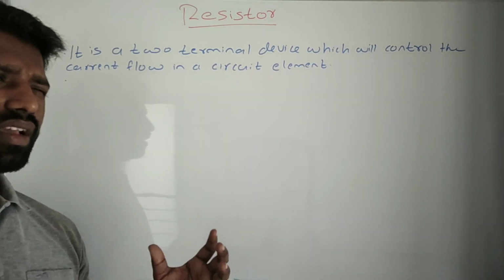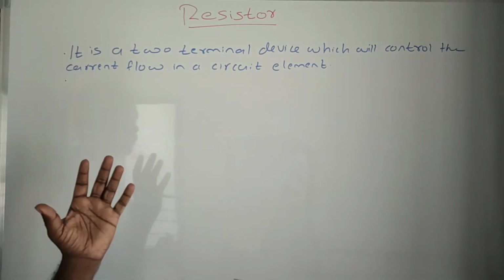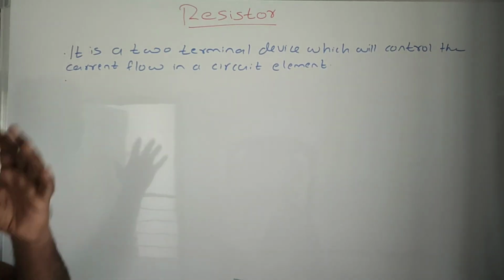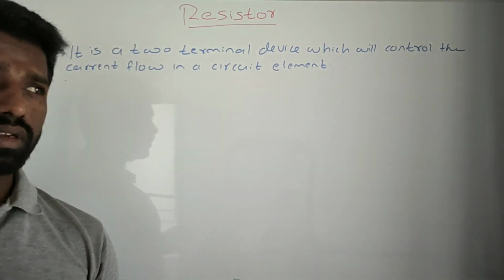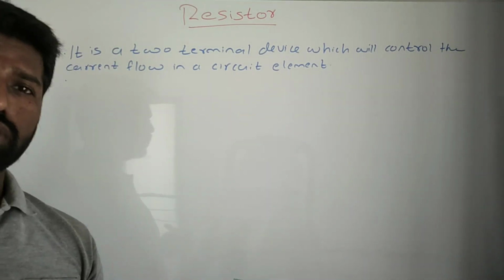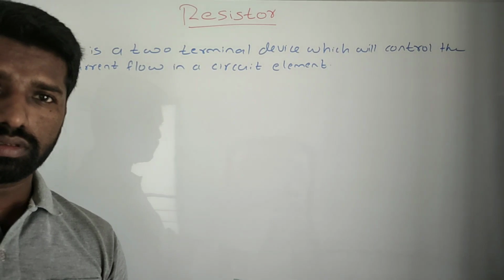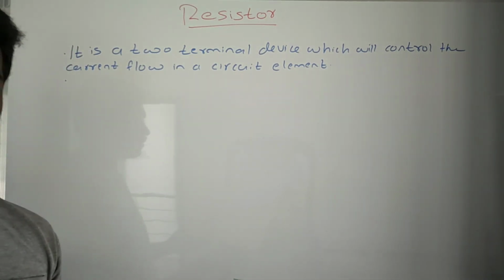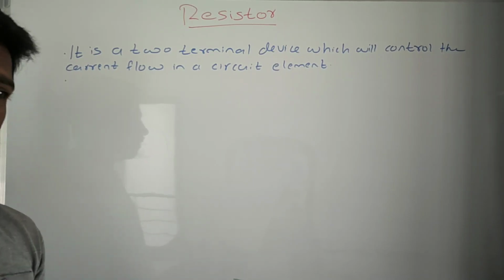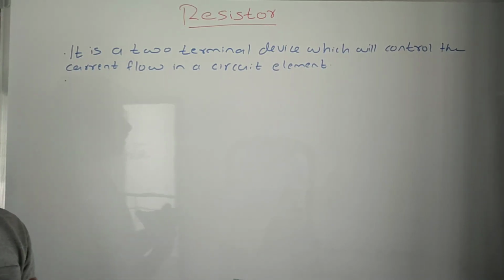Why do we connect this resistor? We are using the resistor in all the devices. Because a circuit consists of so many devices, like in a home, fan, fridge, motor, bulb, and each device will accept some amount of current only.